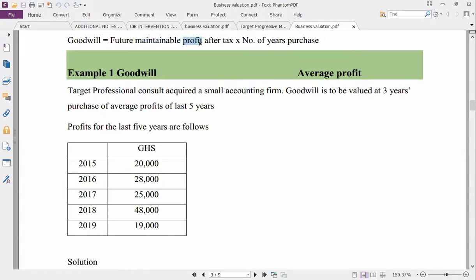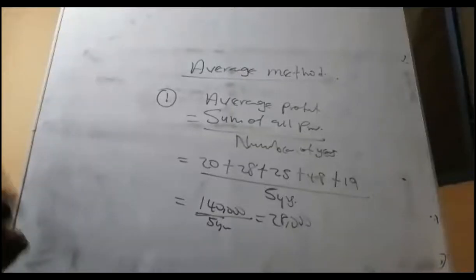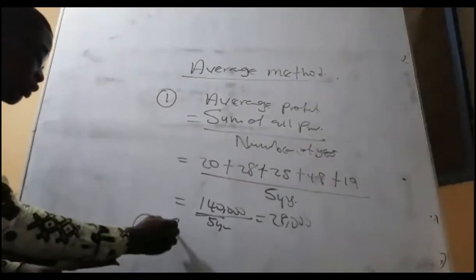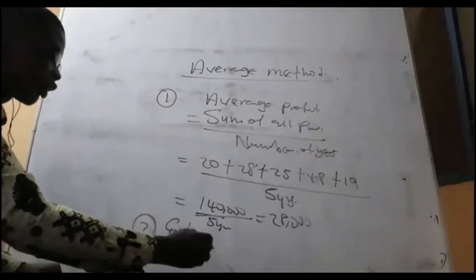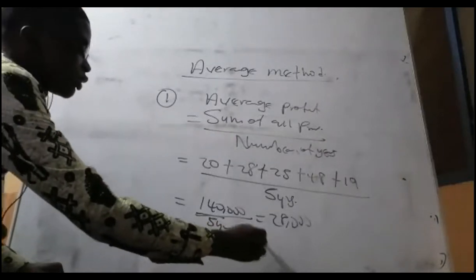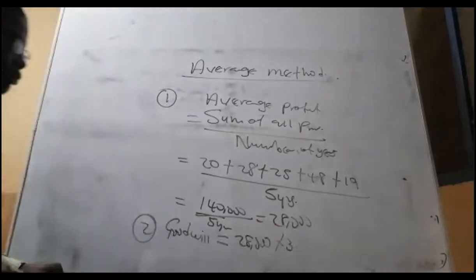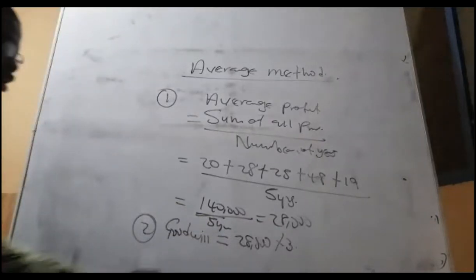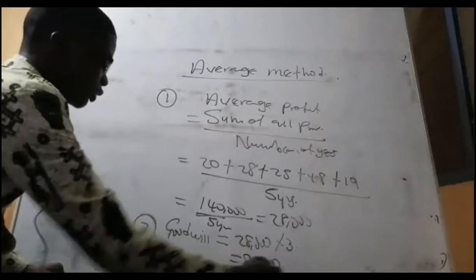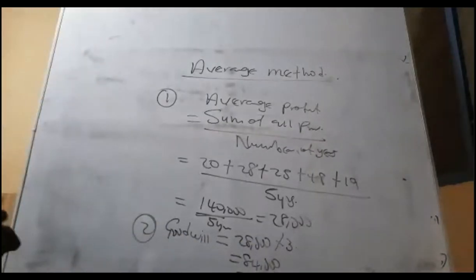That's what we have to look at. So now times 3. So therefore, step 2, the goodwill will be equal to this 28,000 times 3 years. And basically that will give us 64,000. So that's the goodwill.